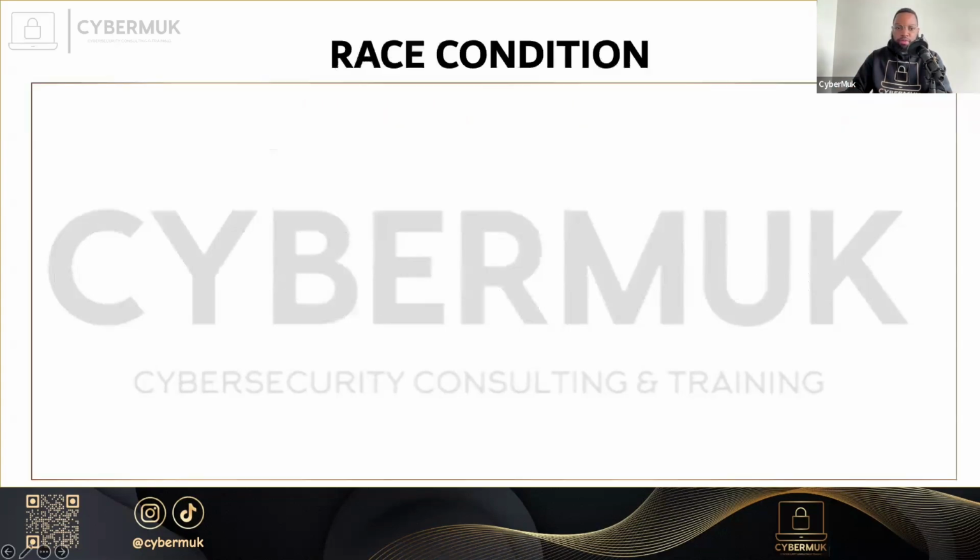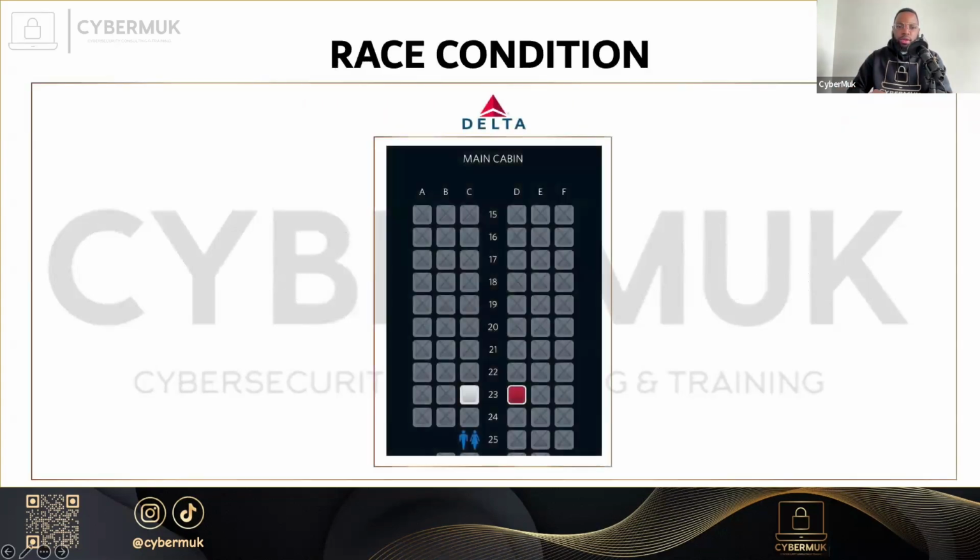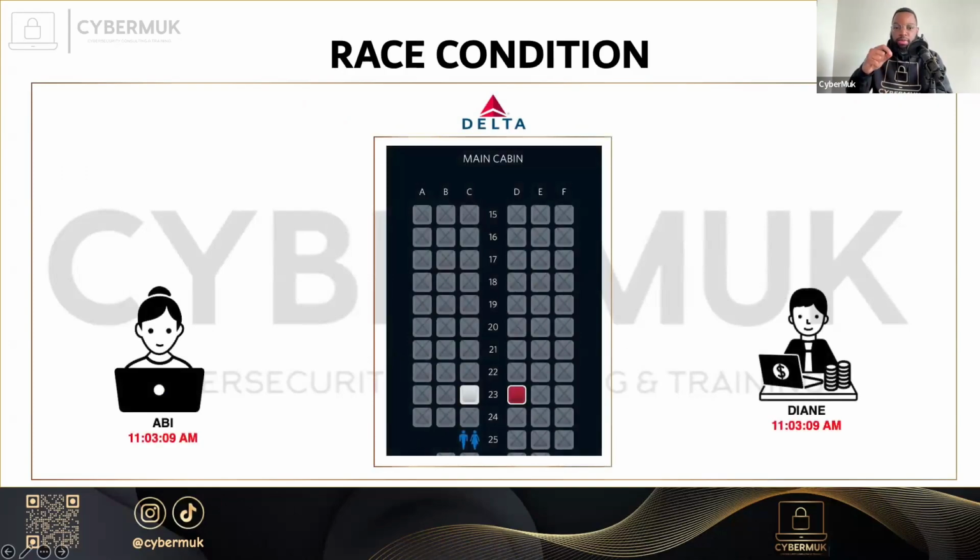For example, here you have two people who are trying to book their flights on Delta and to book a seat, right? Now you have Abby and Diane who are trying to book their flight at the exact same time, at the exact same second. So both are trying to get the same seat, like 23B, for example.